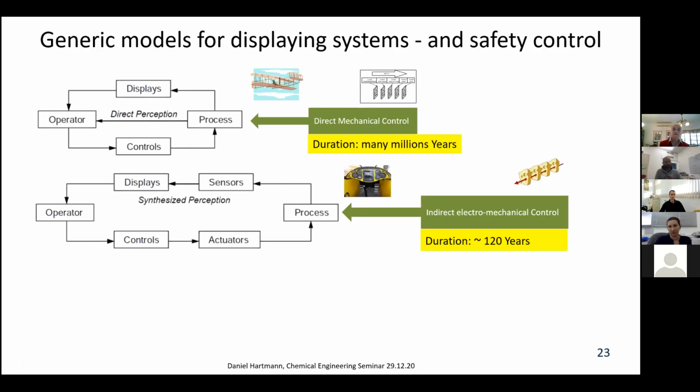Now, the electromechanical system is just from the end of the 19th century, yes, about 120 years. You can see that in an electromechanical system, we are using sensors to help us, displaying and so on, and we have a synthesized perception. So the system is more complex.